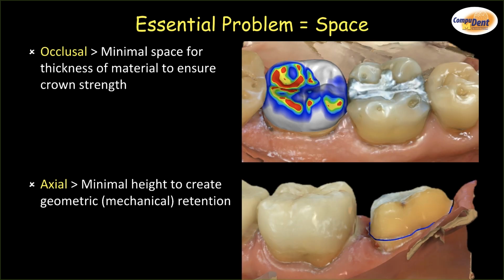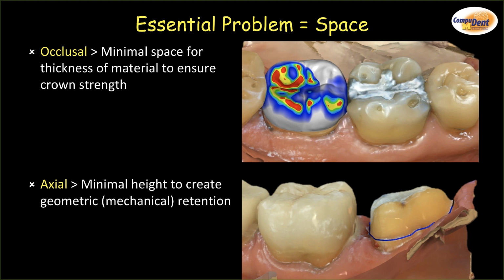So as we really boil down our essential problems to solve in this kind of a situation, it is space. We realize that we have a problem with it in general. We're far back in the dentition. Sometimes the teeth are on the shorter side to begin with. We have limited occlusal space, which is a very critical dimension for our restoration, because the occlusal dimension is what ensures that whatever material we use achieves the strength we think it can do.